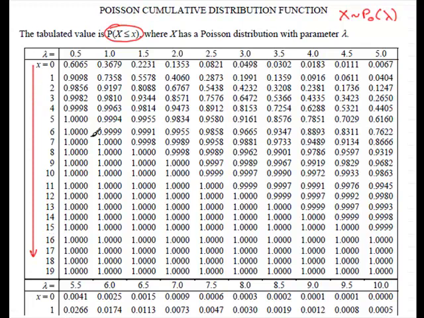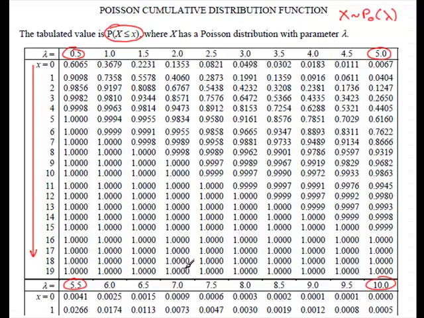The values of lambda that are tabulated range from 0.5 all the way up through to 5. And there's also another row here that takes lambda from 5.5 all the way up to 10.